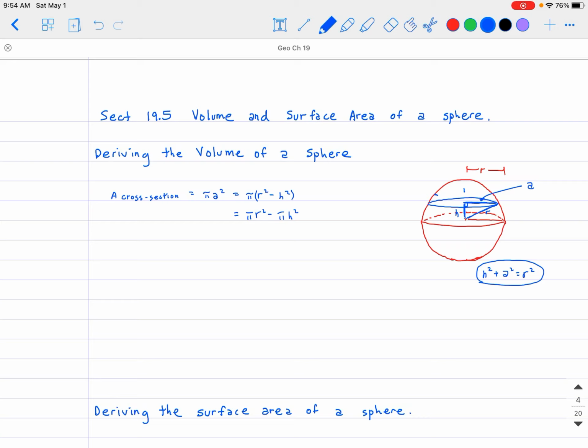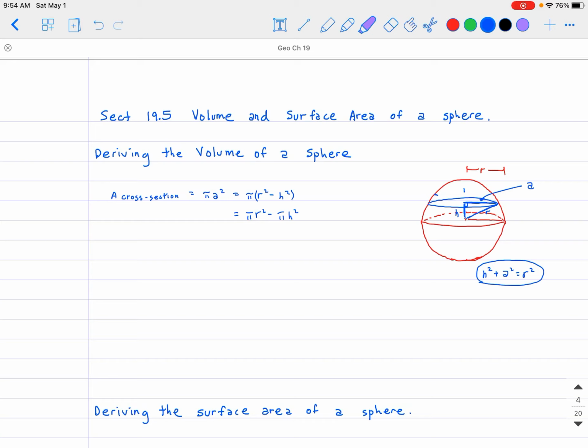But I hope you can recognize that this is representing something else geometrically. Look at the form of what we have here.